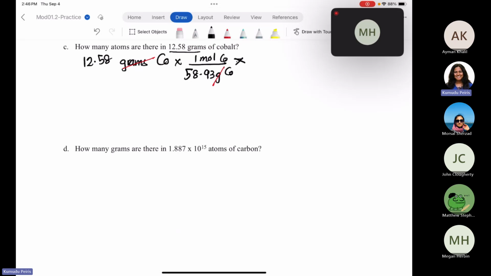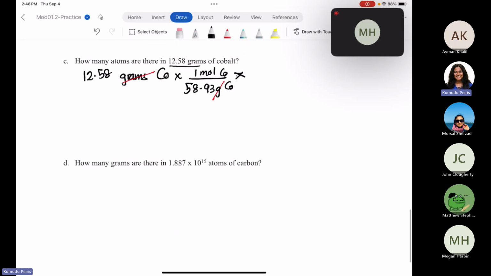Next, now we change the moles into the atoms. 1 mole of cobalt equals 6.022 times 10 to the 23rd atoms. So that will be equal to 1.28 and so on, if I put everything that I obtained from the calculator.